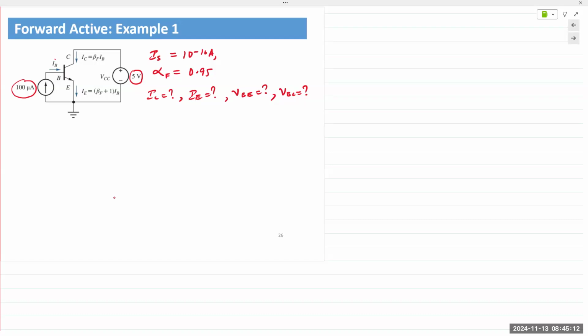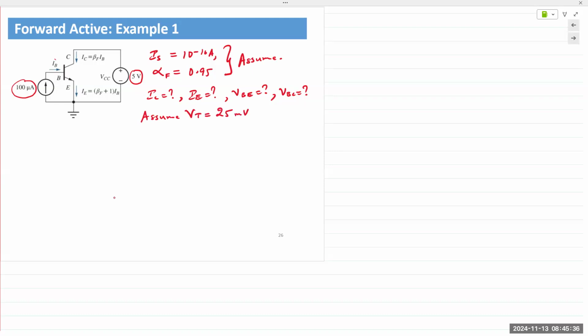So if these are not given, you can simply assume. VT is not given, so let's assume VT as 25 millivolts.